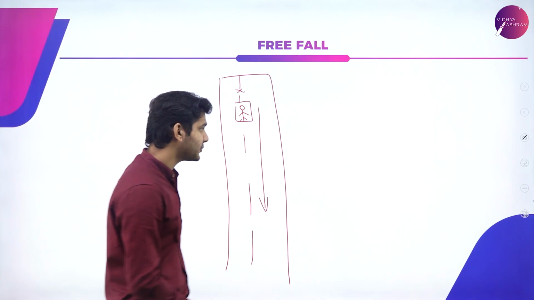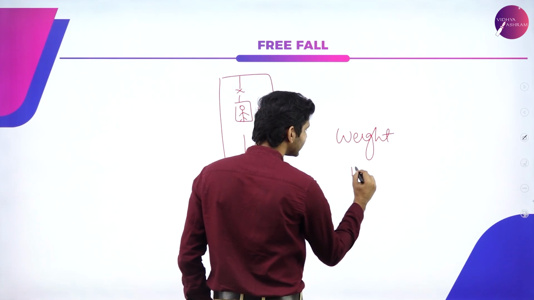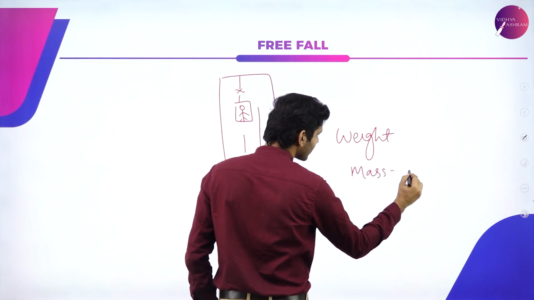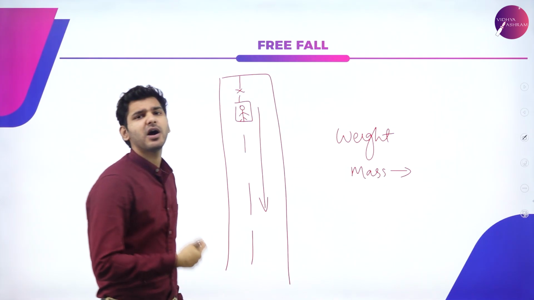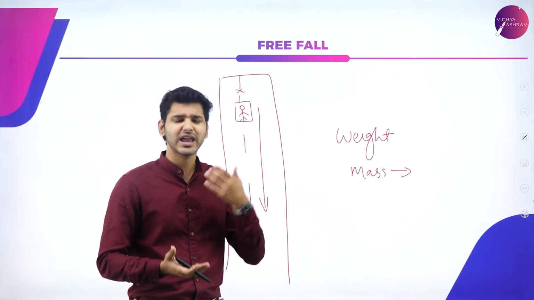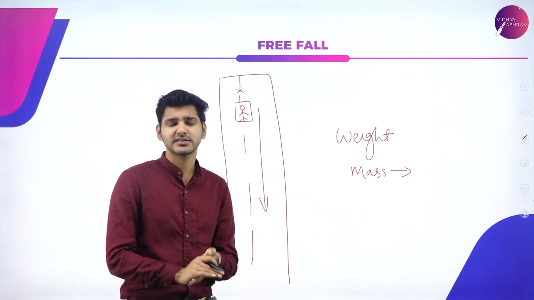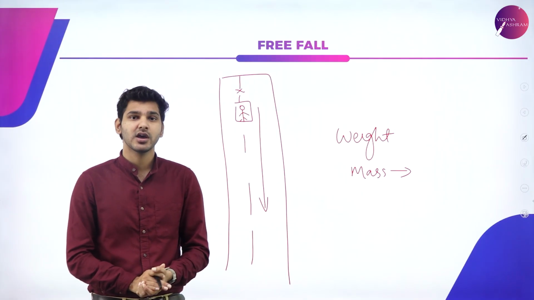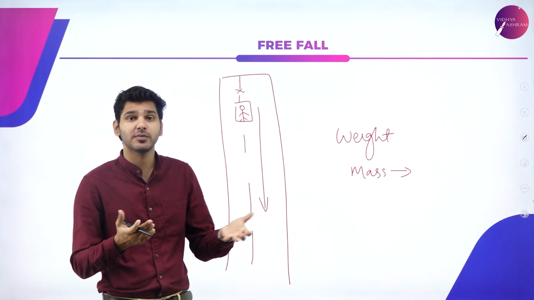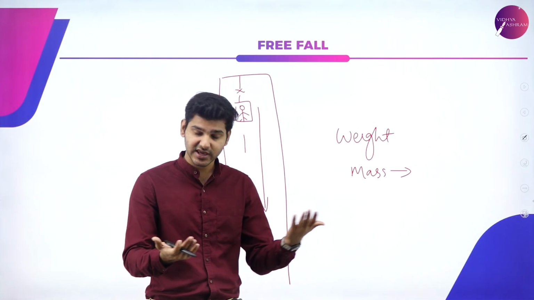So what is the difference between weight and mass? We do know that mass is just the amount of substance contained in any material, or anything that occupies space is known as mass. That is the loose definition that we can give right now. Actually, mass is a characteristic property because of the interaction of the Higgs field and everything.